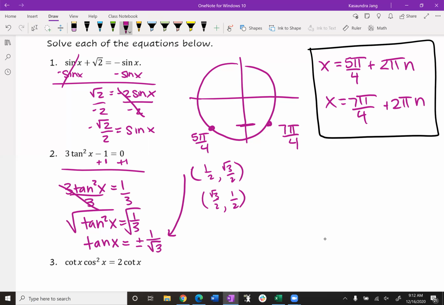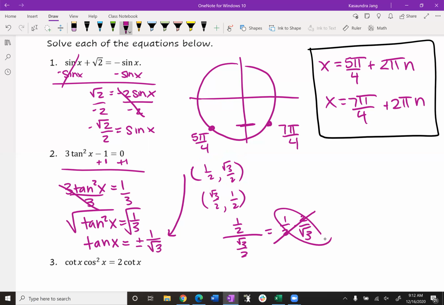Which one, if I do sine over cosine, the y over the x, is going to divide out and give me this? The bottom one. Okay, so let's try it out. The sine, the y, over the cosine, the x. If I multiply by the reciprocal, those are gone. It gives me a 1 over root 3. Nice, 1 over root 3.